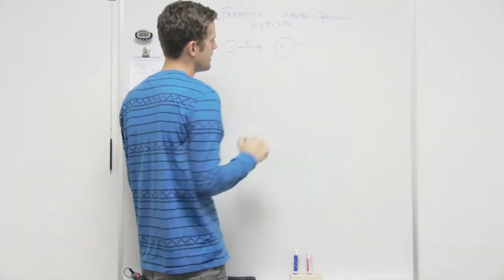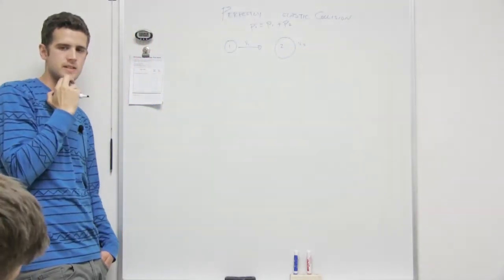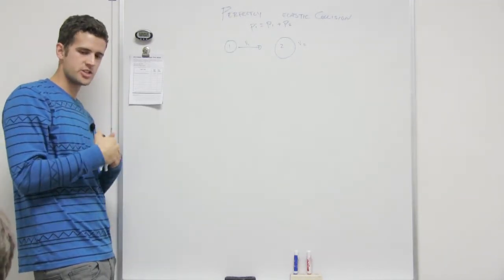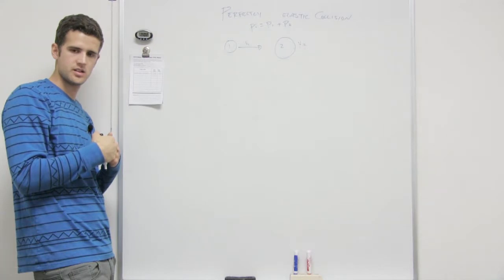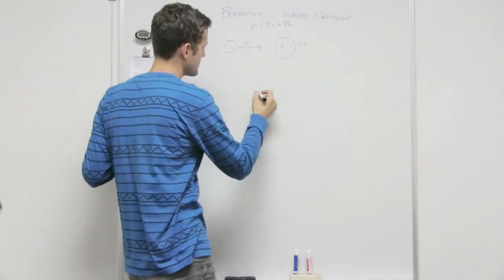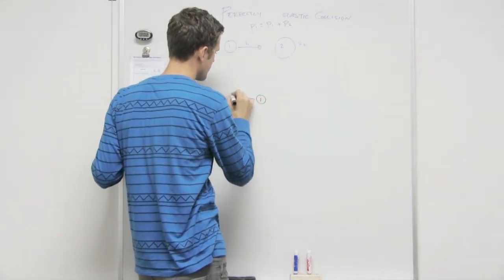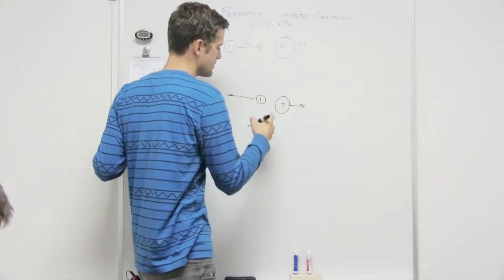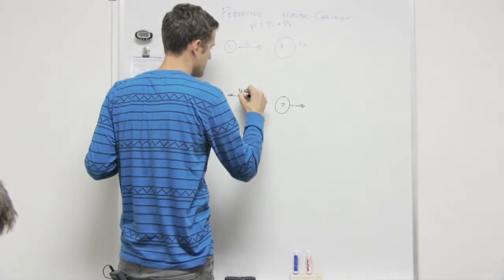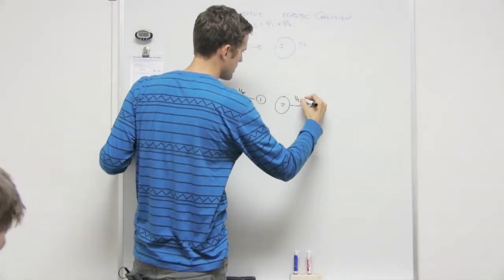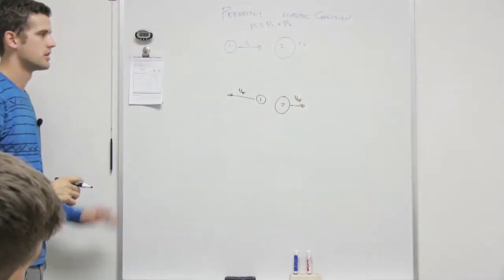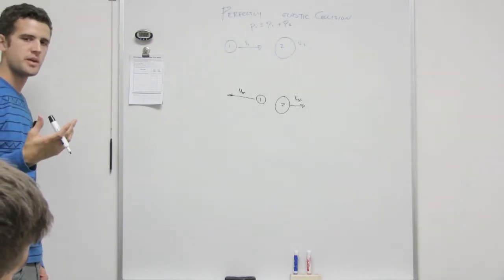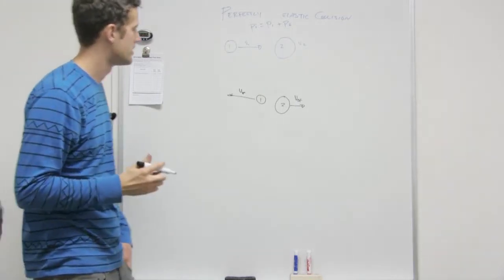Well, what'll happen after they hit each other? They might separate. So you can have mass 1 going this way, mass 2 going this way. Will the speeds be the same? Not necessarily. They usually won't. Sometimes they might be, but typically no.